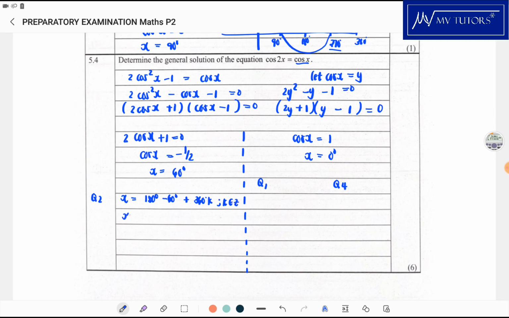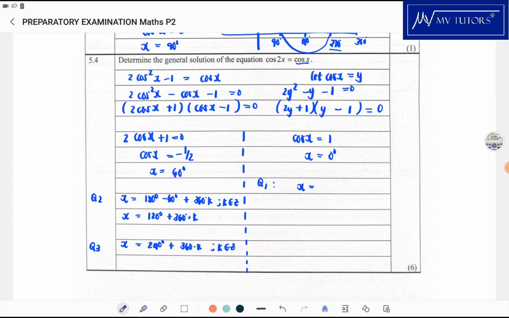And so it's going to be 120 degrees plus 360 times k. And then for quadrant 3, x will be 180 plus 60, which will be 240, plus 360k, where k is an element of integers.